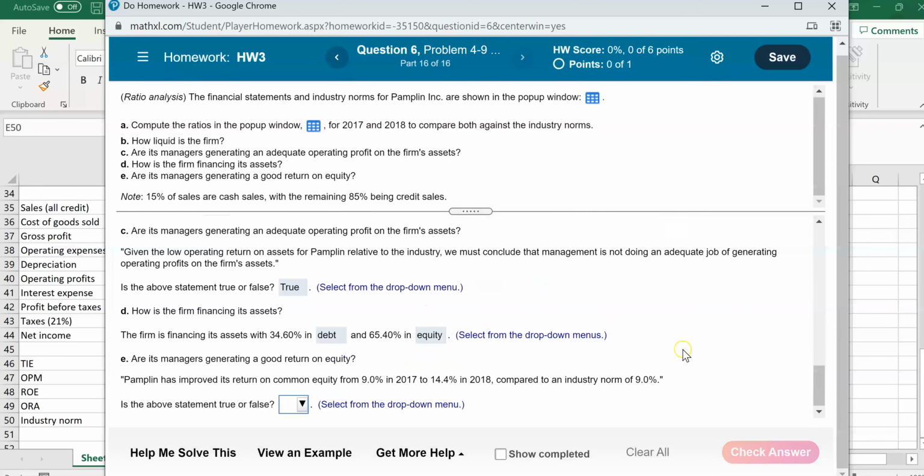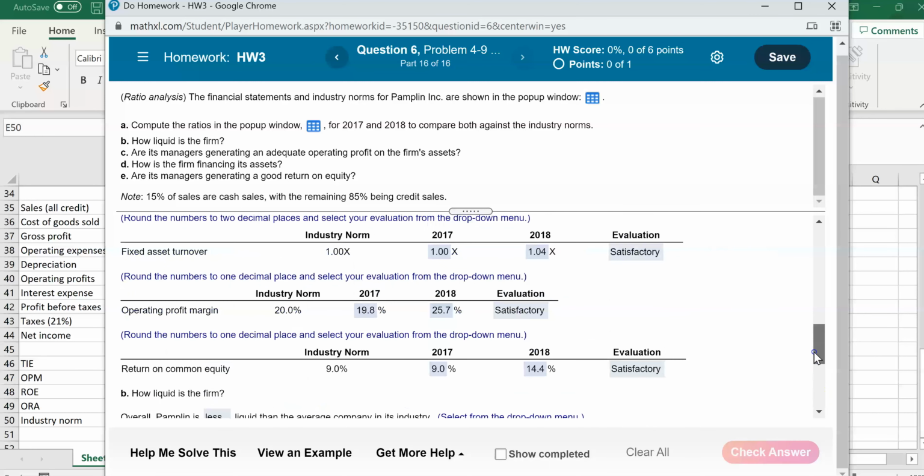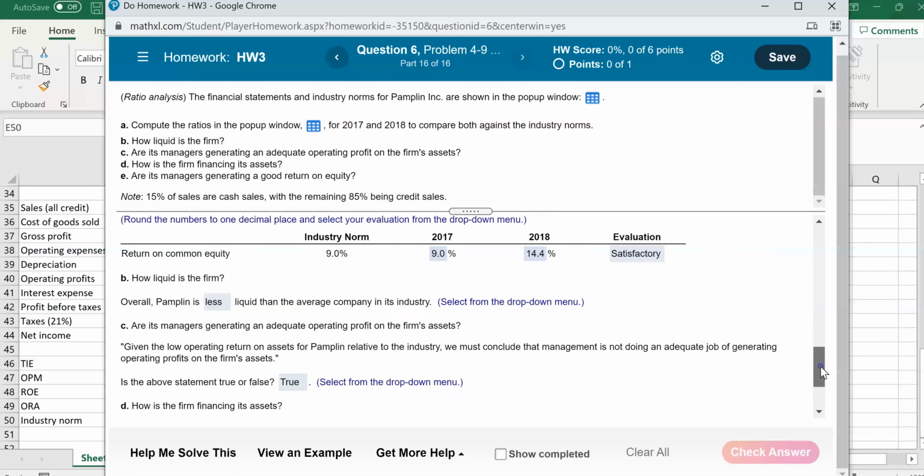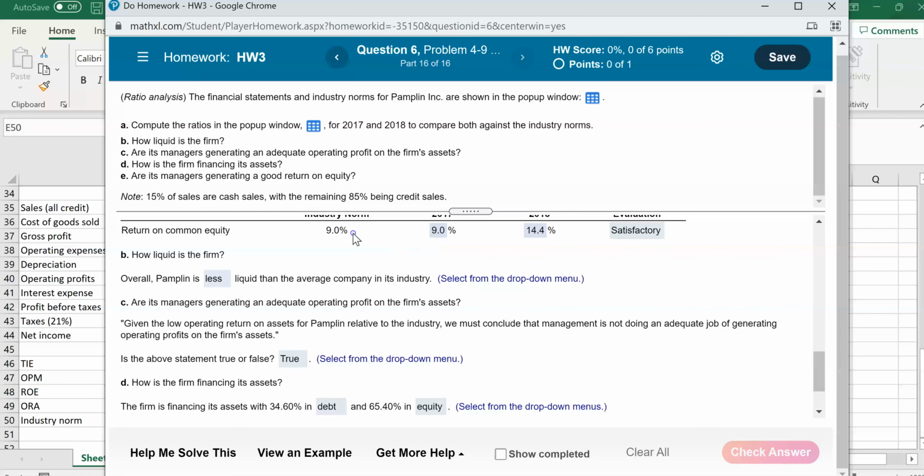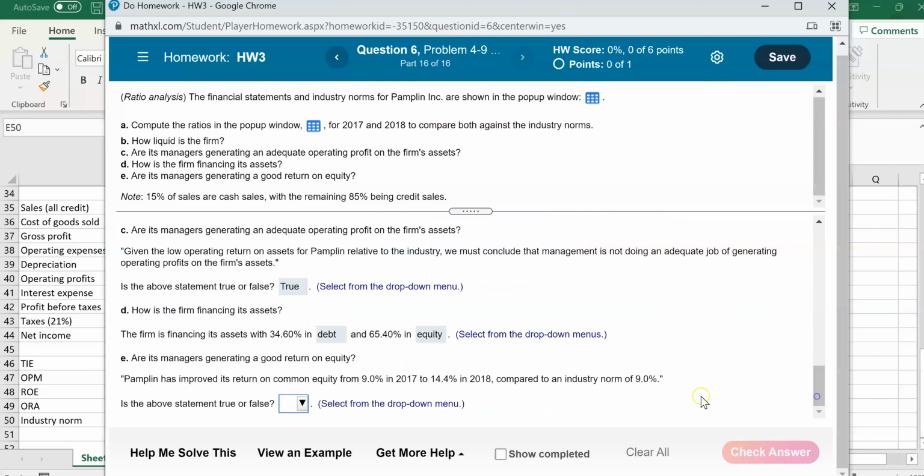Now we are down to the final part, E. Are its managers generating a good return on equity? We have done this calculation also; it's the last ratio we calculated. We see this is satisfactory, because one ratio is the same as the industry norm, but the other has improved significantly over the year.